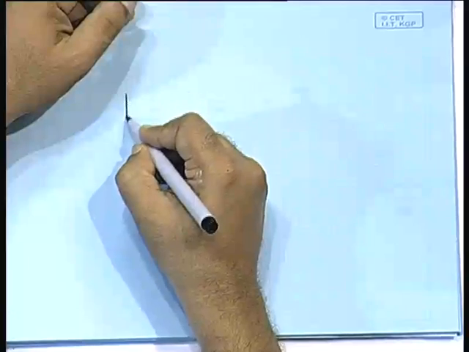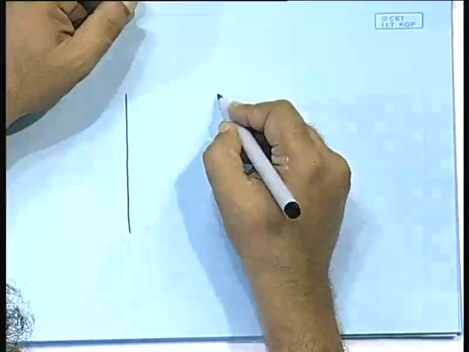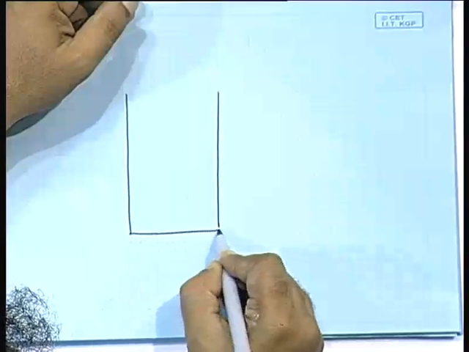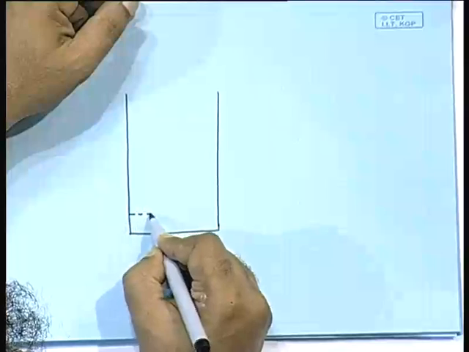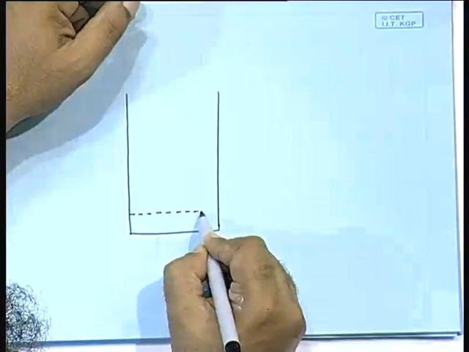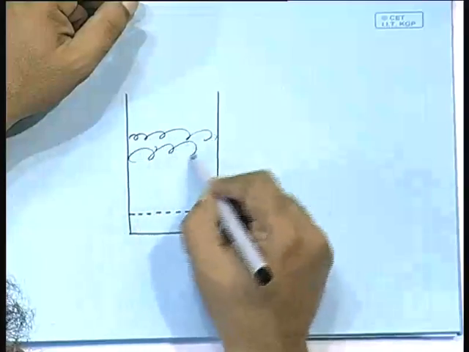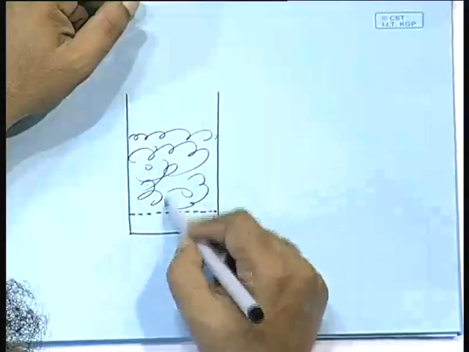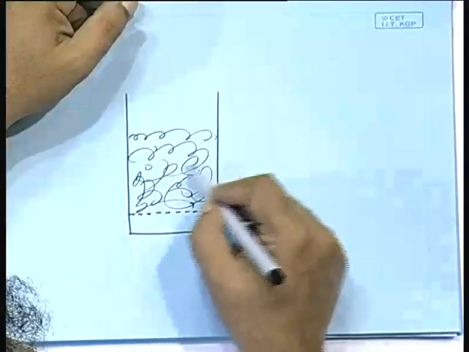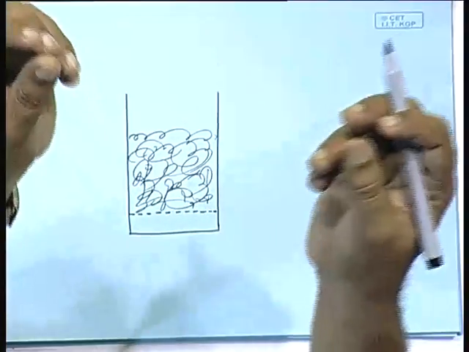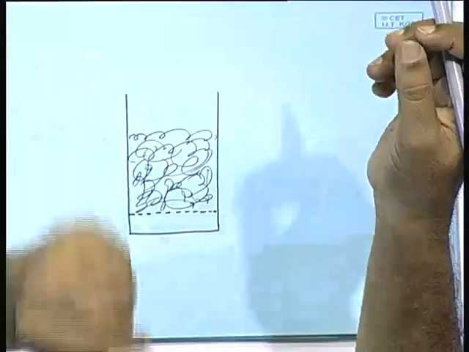Now these are put inside a chamber like here. That means the thing that I am drawing like this is essentially collection of small pebble sized coal particles. Okay.